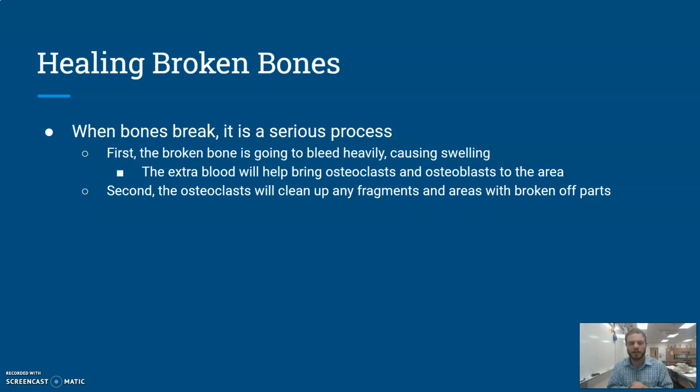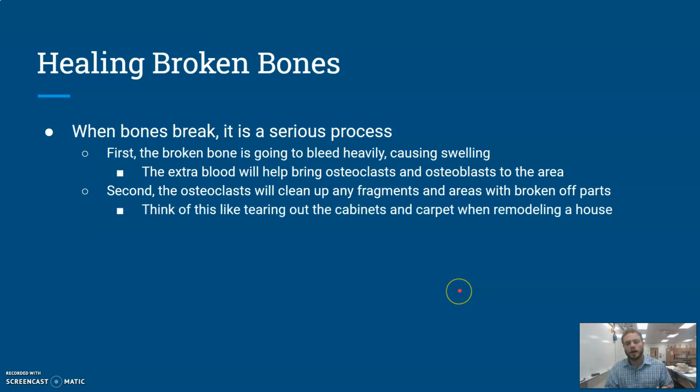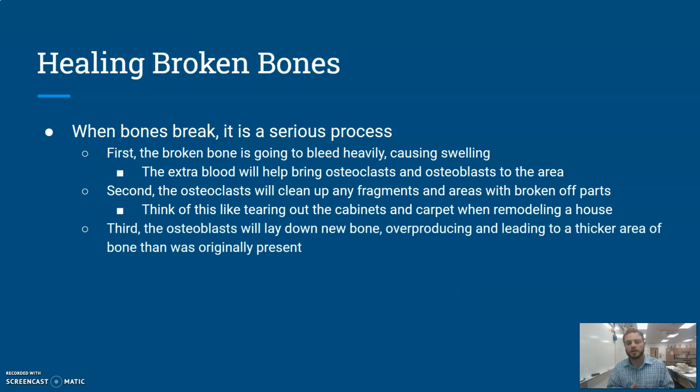We won't get too much into that. But the osteoclasts are going to basically clean up any sort of bone bits or shards or pointed edges that there might be. Think of it as they're just ripping all the old things out if you've ever remodeled a house. Then your osteoblasts are going to come in, they're going to lay down new bone.